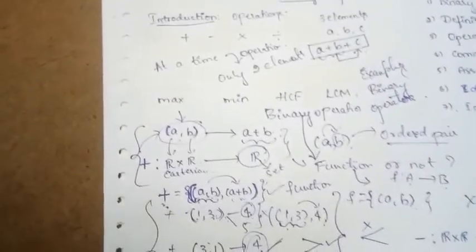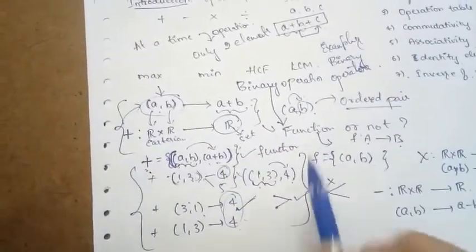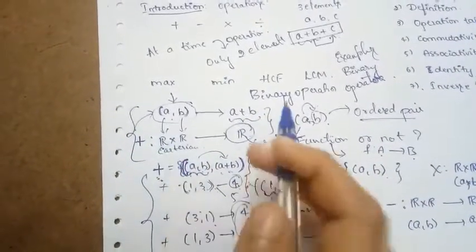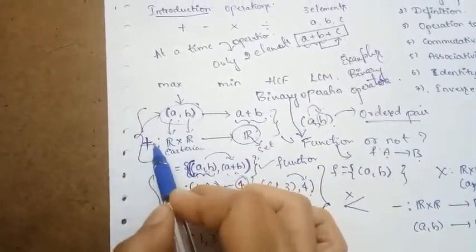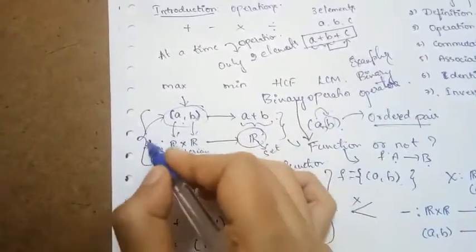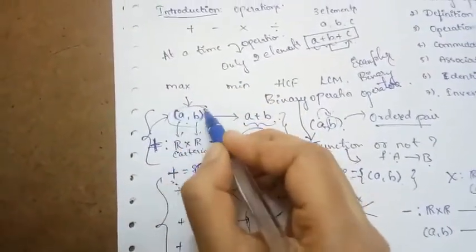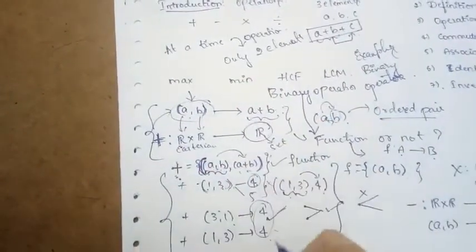If I briefly sum up what we have learnt here, generally we understood how the operator deals with any two arbitrary numbers which we have taken from the set of real numbers.